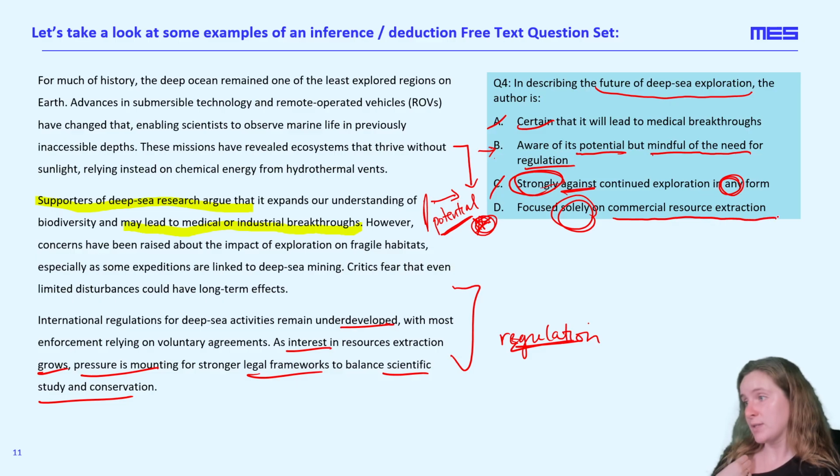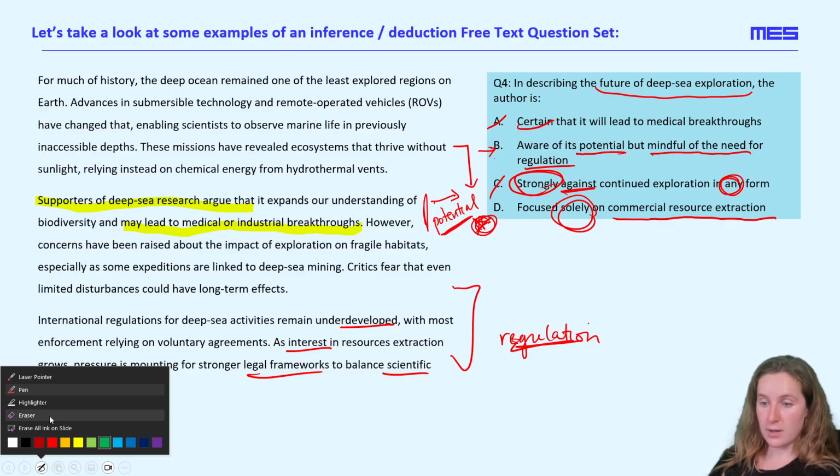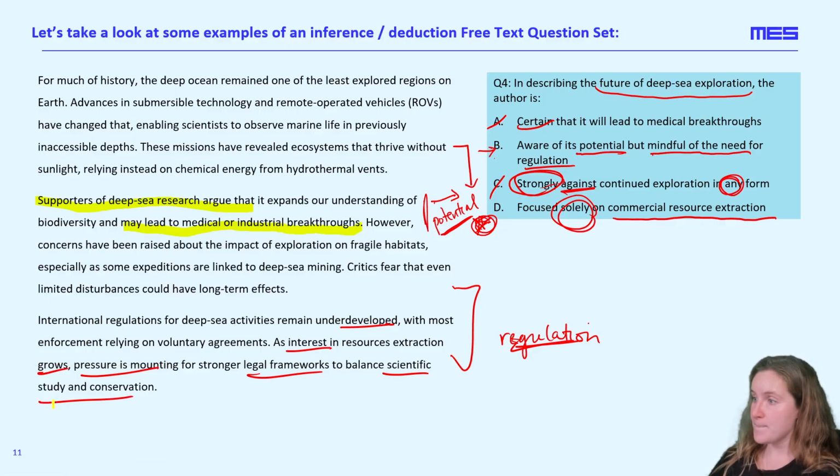This seems wrong, right? Because the only time we've had anything about commercial resource extraction is here, and the fact that it is growing. But that's not the concept for the whole paragraph.